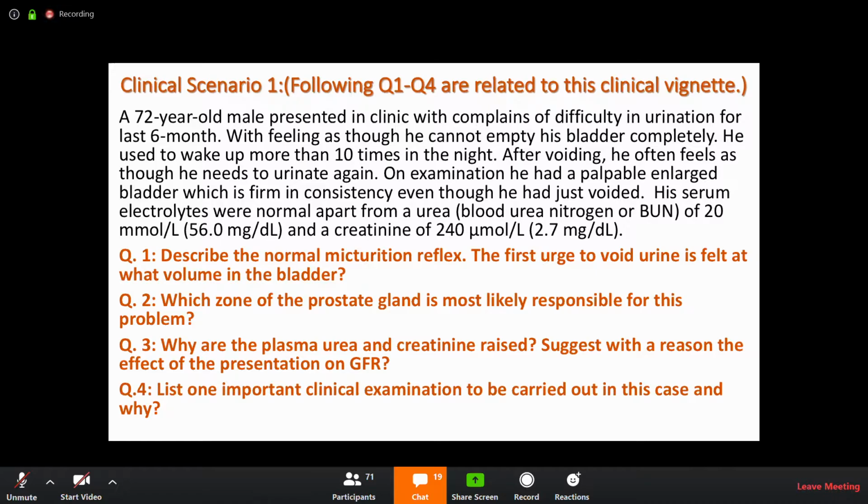Now, if this pressure is being backed up all the way up towards the Bowman space, that means the Bowman space hydrostatic pressure is higher than normal. And if that is higher than normal, I am going to decrease my glomerular filtration rate. And if my glomerular filtration rate decreases, I'm going to get rid of less urea and less creatinine from the blood.